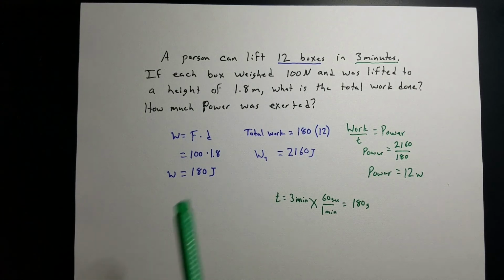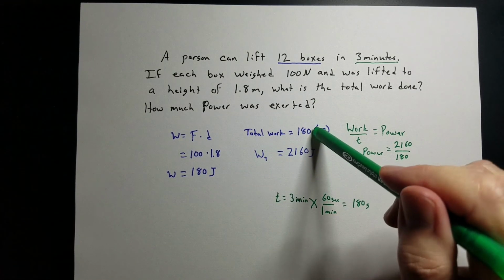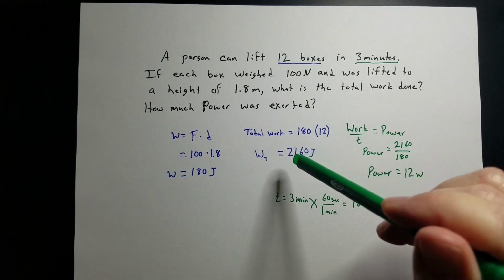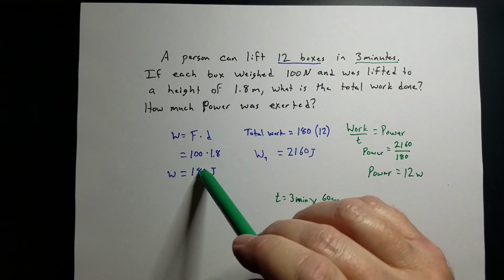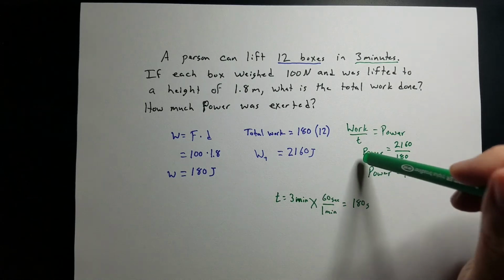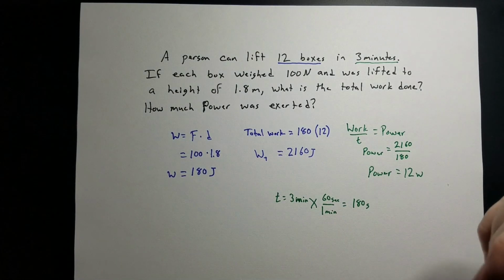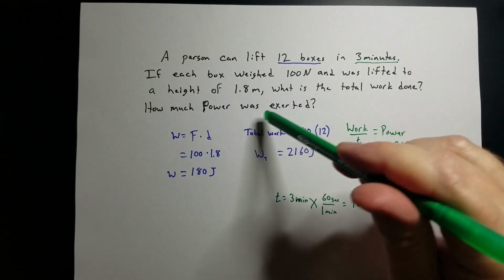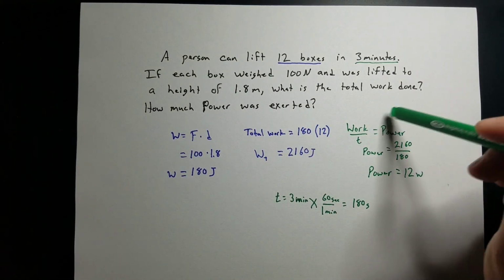So in this case, we had to do this step because we lifted multiple boxes. If we just lifted one, we would just take the work to lift one and the time to lift one and calculate it that way. And that could work too. But it was far simpler for me to just figure out the total work done with the total time to get the power.